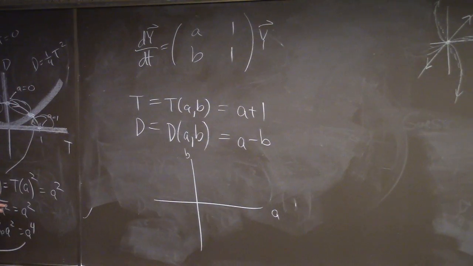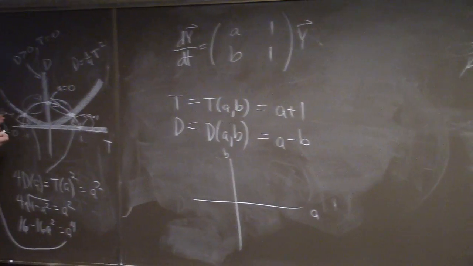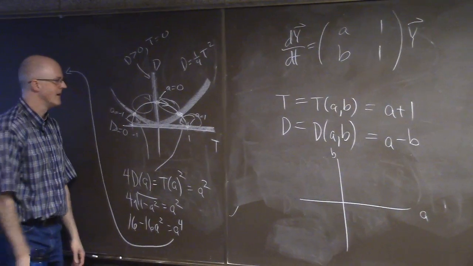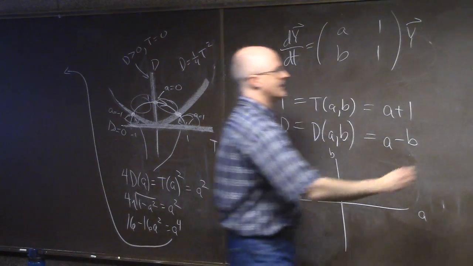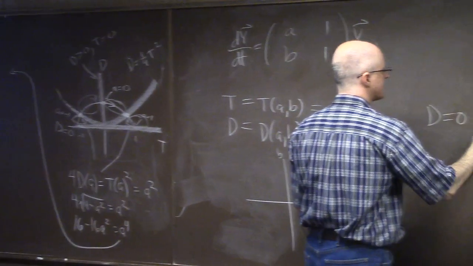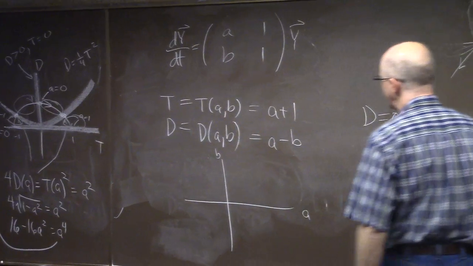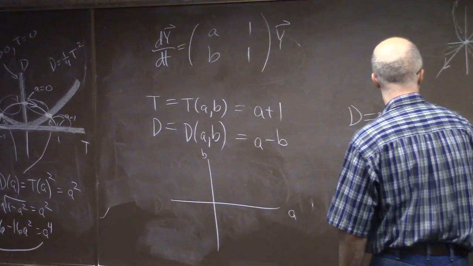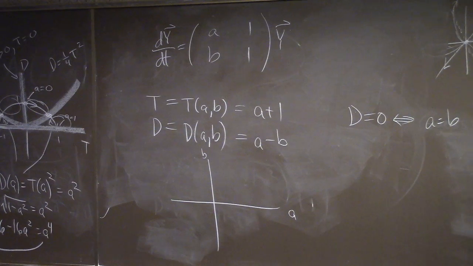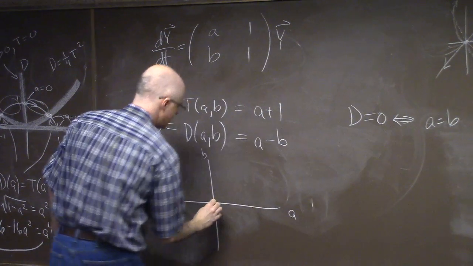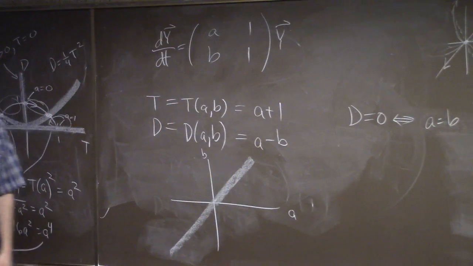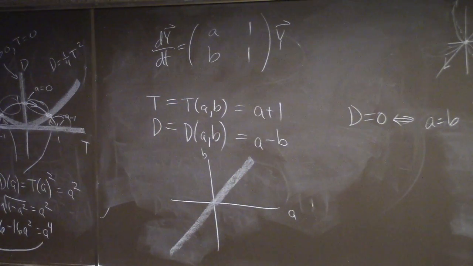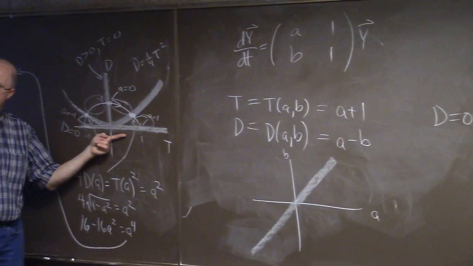But what do you draw on the AB plane? You want to draw the corresponding critical loci. What does D equals 0 correspond to? Based on these equations, D equals 0 corresponds to A equaling B. In other words, the line with slope 1 through the origin is a critical locus in the AB plane corresponding to the t-axis critical locus in the TD plane.